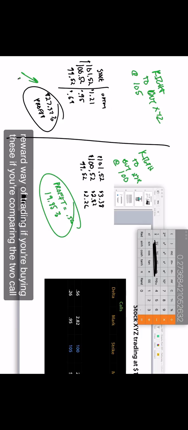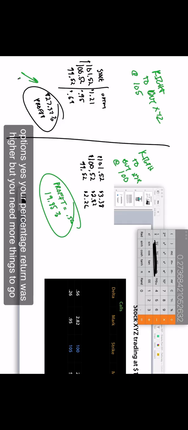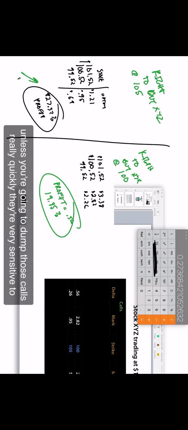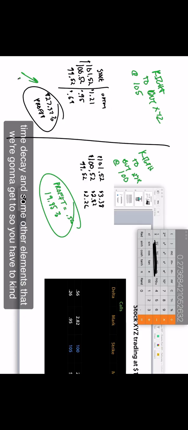If you're comparing the two call options, yes, your percentage return was higher, but you need more things to go right. You need the stock to continue to move up from now, unless you're going to dump those calls really quickly. They're very sensitive to time decay and some other elements that we're going to get to.